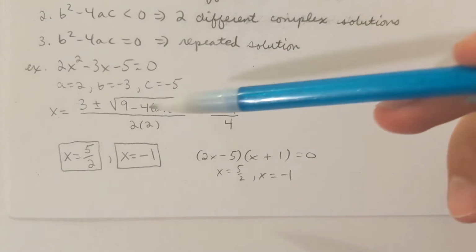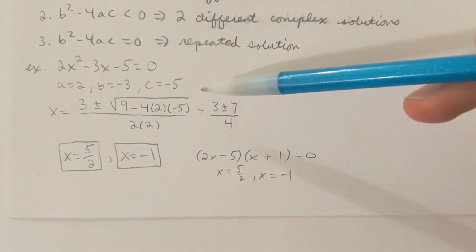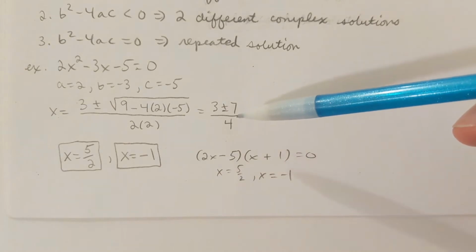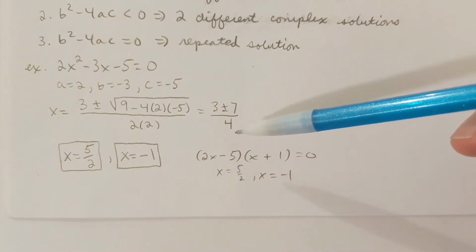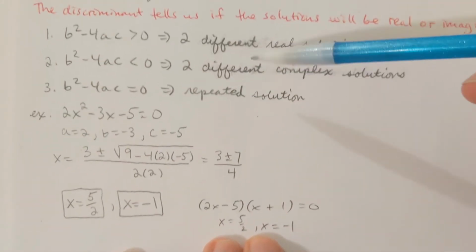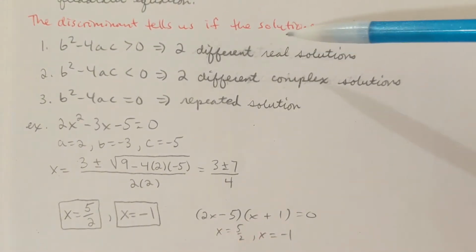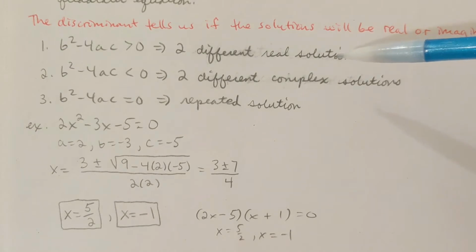So we've got 3 plus or minus the square root of 49 all over 4. Now the 49 is my discriminant. 49 is a positive number, so I should expect to have 2 different real solutions.